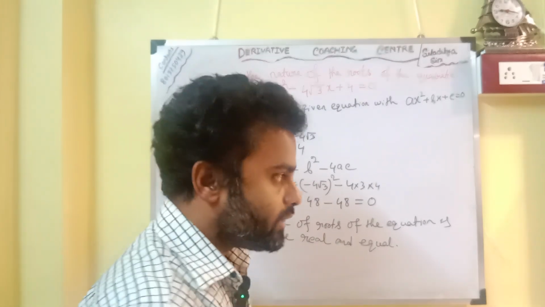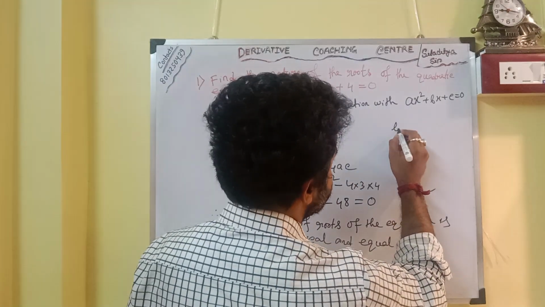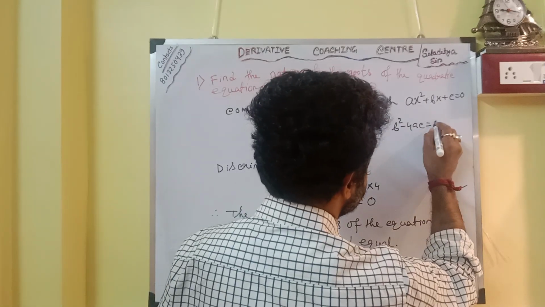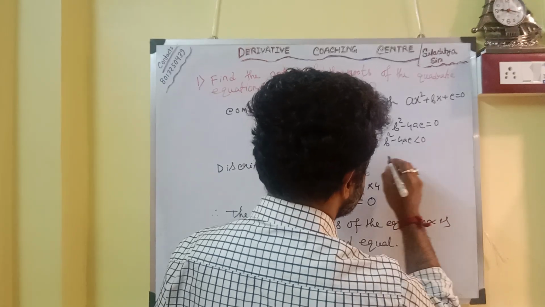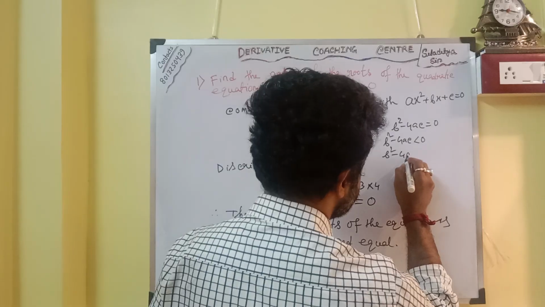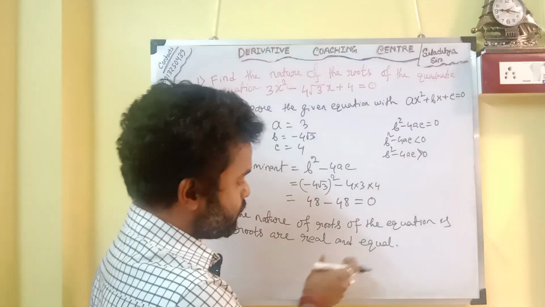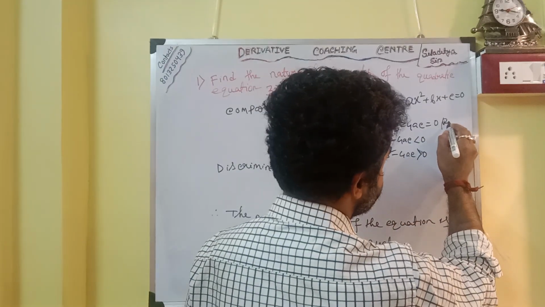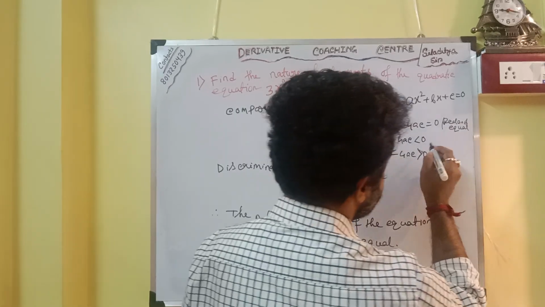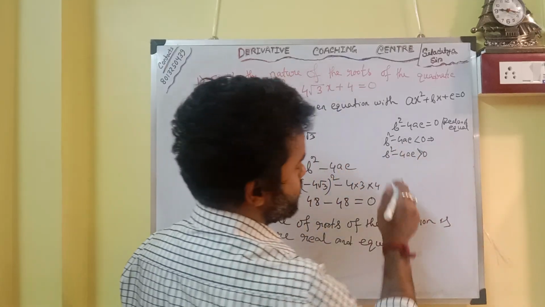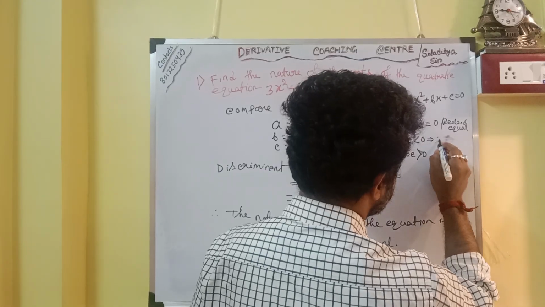And one thing, I'm going to give you one concept: b squared minus 4ac equal to 0, b squared minus 4ac less than 0, and another condition, b squared minus 4ac greater than 0. If b squared minus 4ac is equal to 0, that means roots are real and equal. If it is less than 0, it means the roots are not real roots.